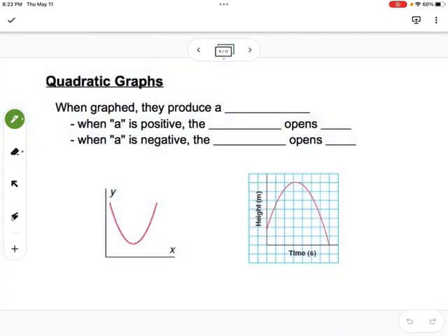Okay, so discussing certain properties of quadratic graphs. When a quadratic is graphed, they produce a parabola. That is what we're calling it. When a is positive, the parabola opens up, and when a is negative, the parabola opens down.